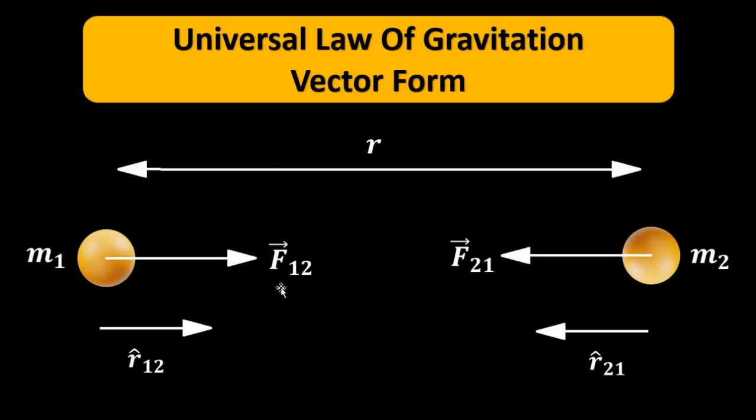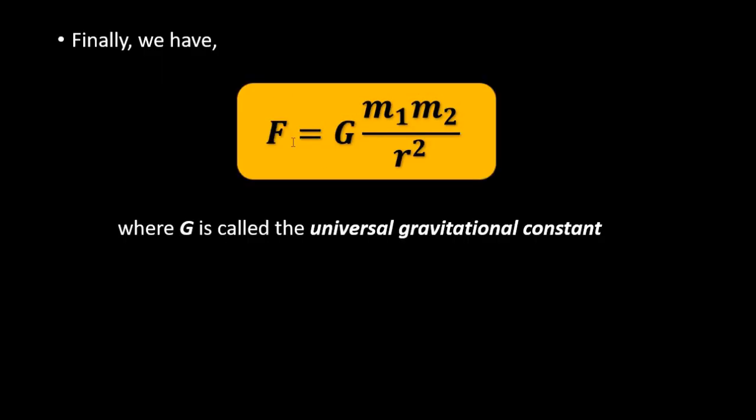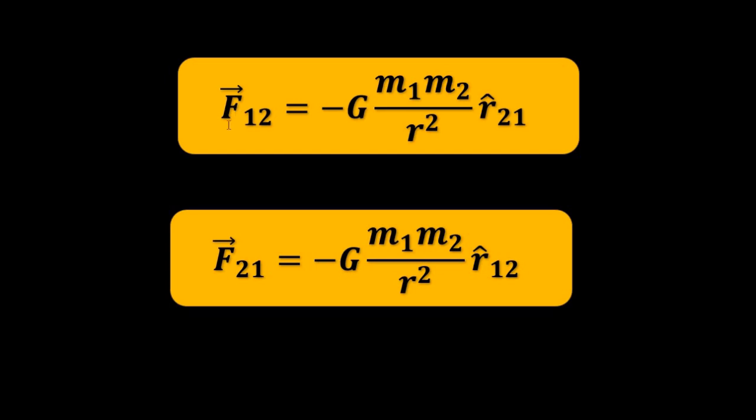So the same gravitational force expression, when we write it in vector format, is like this. The gravitational force exerted on mass m1 by m2, that vector, is equal to minus G m1 m2 by r square R21 cap.